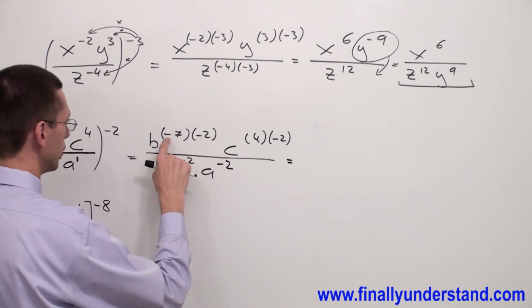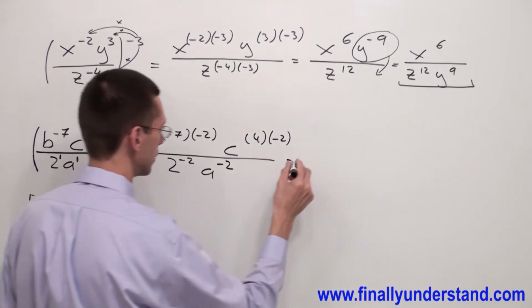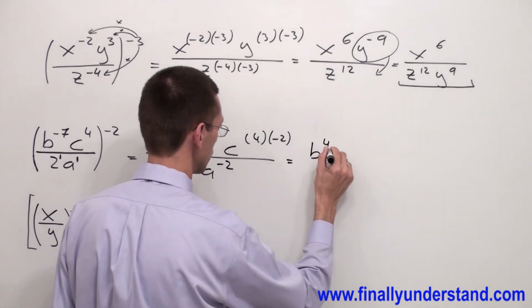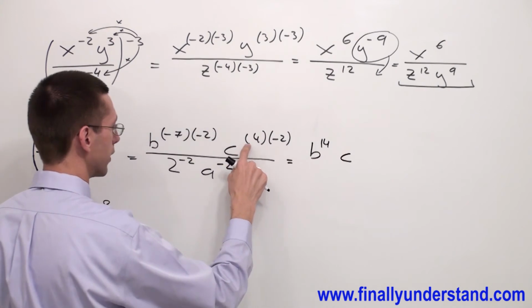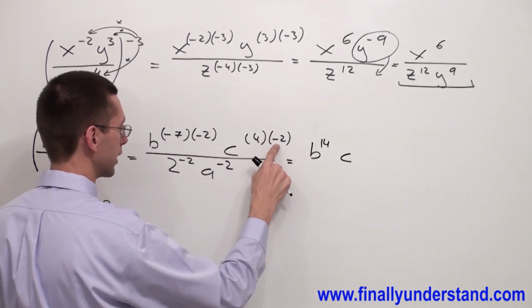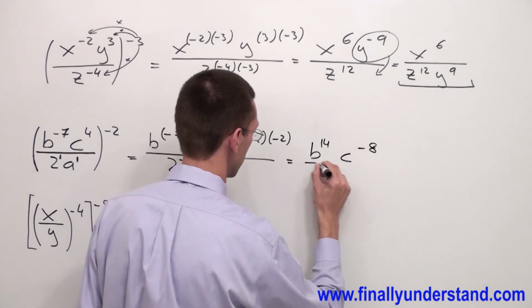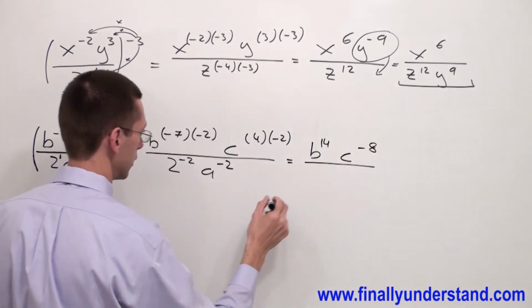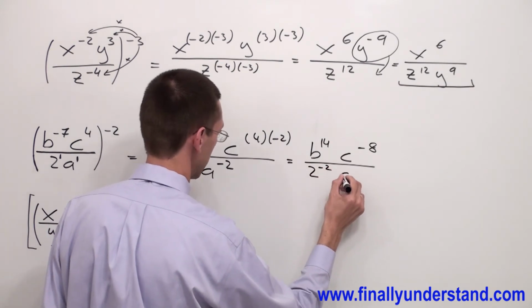And I have -7 times -2 is 14, b to the 14 power, c, 4 times -2 is -8, over simply 2 to -2, a to -2 equals.